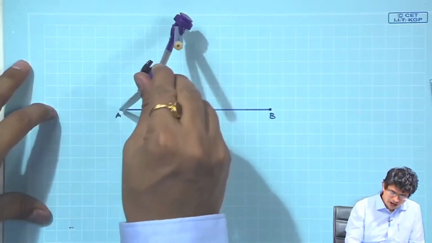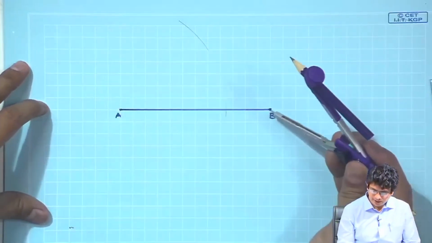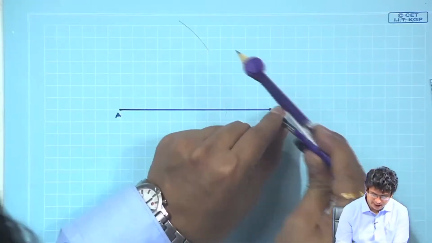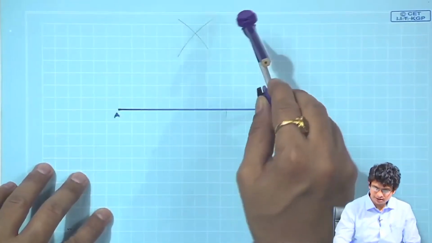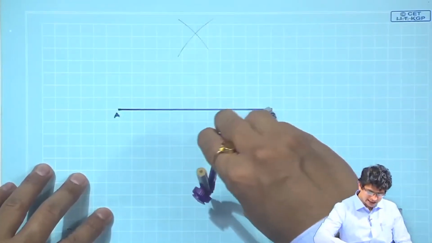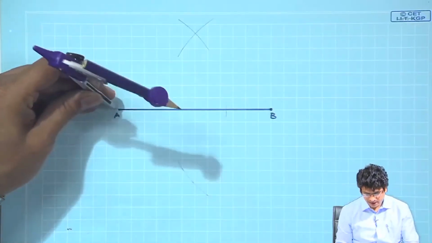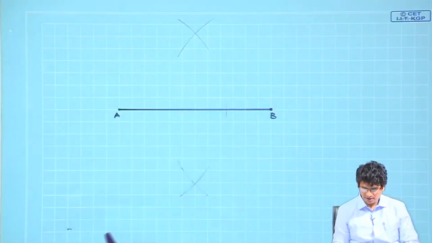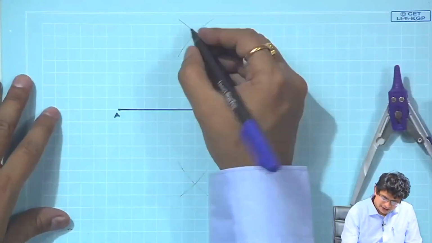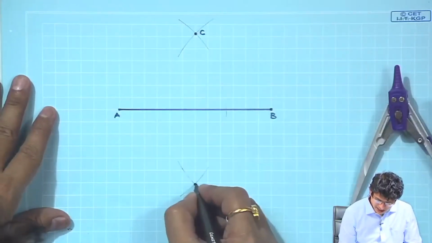Now, draw an arc on that side from A. Similarly, use point B for the same radius, cut that first arc. Similarly, use B as center on the other side, construct an arc. Similarly, from the A side, construct an arc. So, whatever points intersect, let us call C and D.